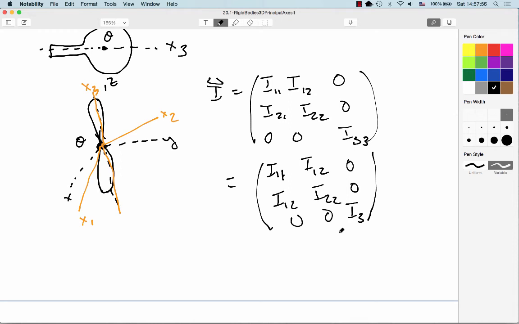Now, let's go ahead and say that x1 is a principal axis. Now, we don't know where it is yet, but let's say it is. The hallmark of being a principal axis is that if my angular velocity vector omega lies along it, my angular momentum vector L also has to lie along it.